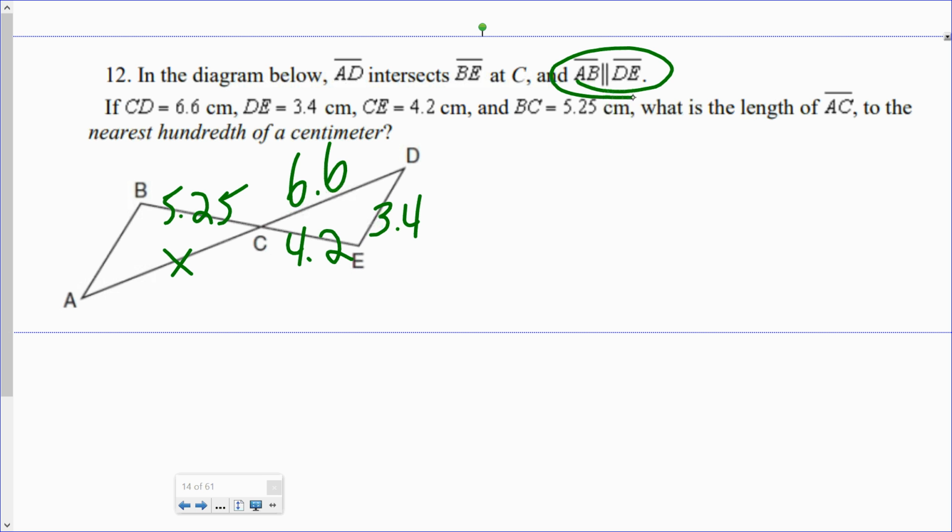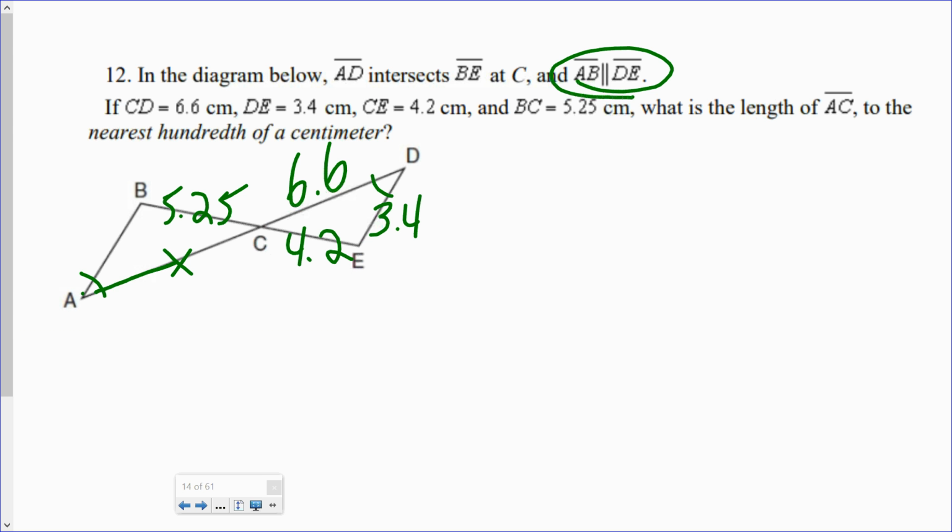So when you have similar triangles, the corresponding sides are in proportion. Just be careful, since A and D correspond, the opposite segments are going to be the ones that correspond. So x corresponds to 6.6, and 5.25 corresponds with 4.2.